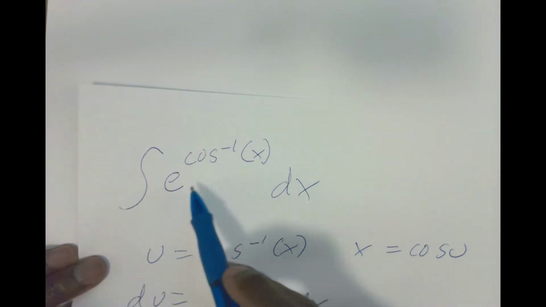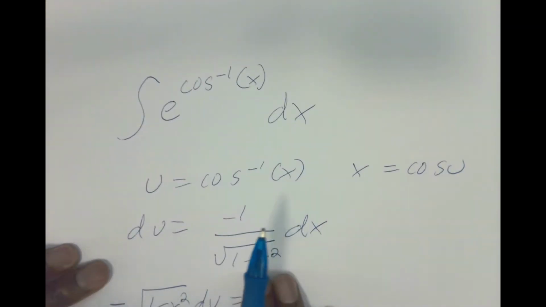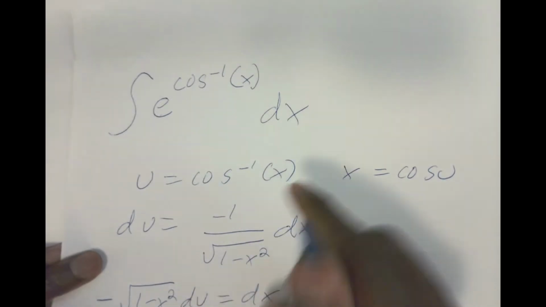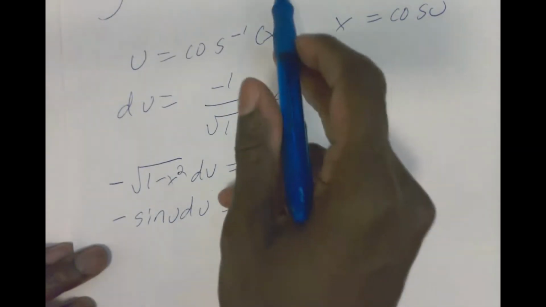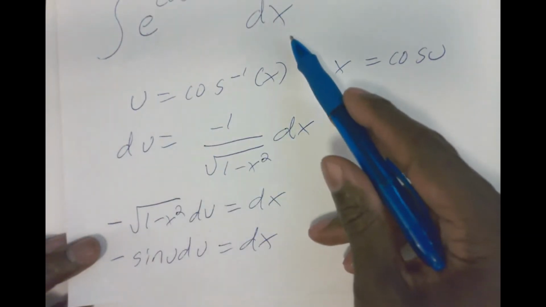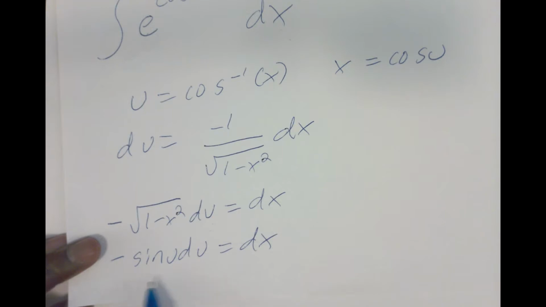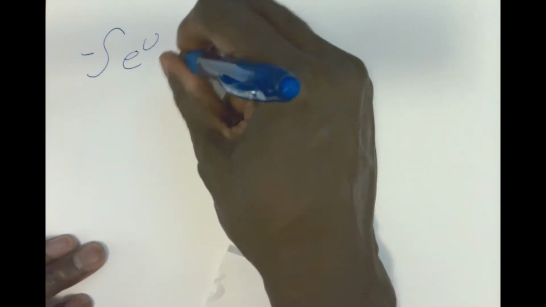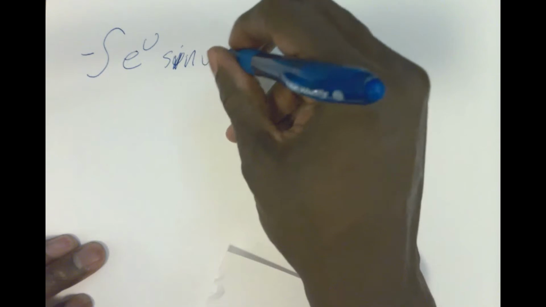So again, u is arc cosine x, so I'm going to be integrating e to the u, and my dx is negative sine u du.